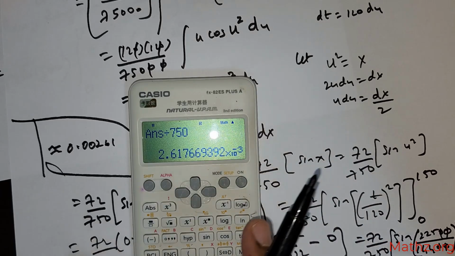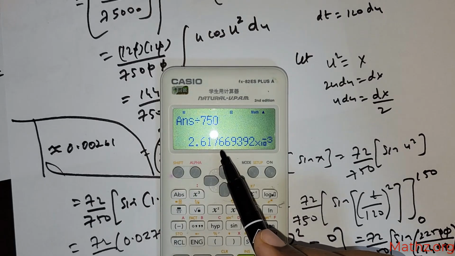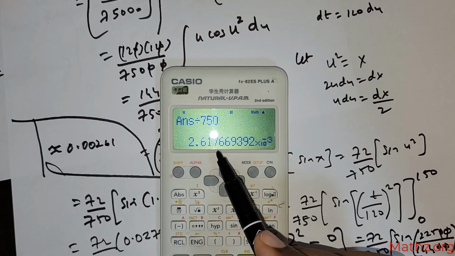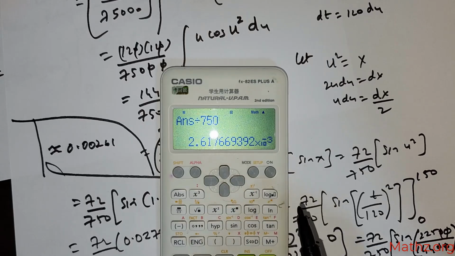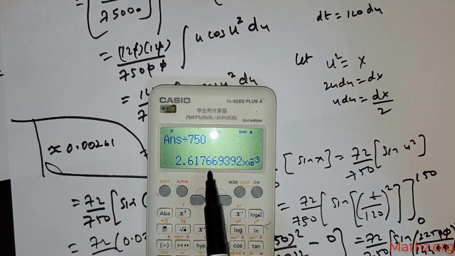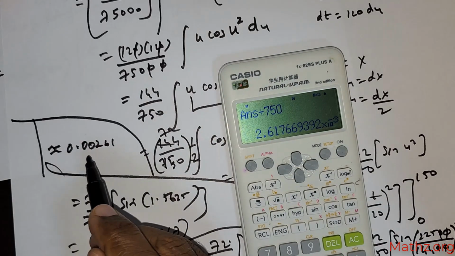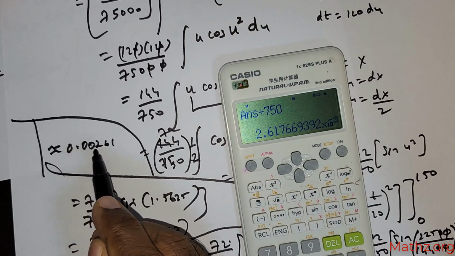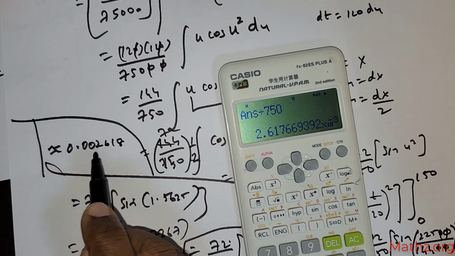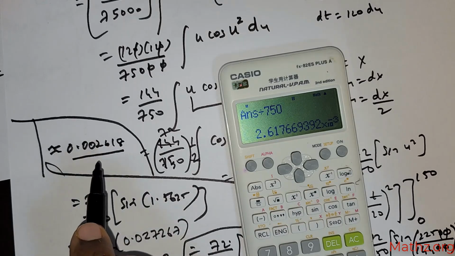So what you can do is you can just write that as 617 and then you convert that 7 to 8. So instead of writing it as 617, you write it as 618, because the solution is like that. You got to round that up. So I'm going to write it as 0.002618. So that would be the average rate of flow. Now this is the exact answer.